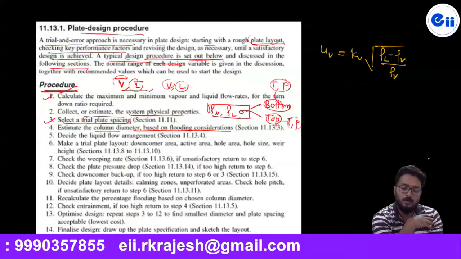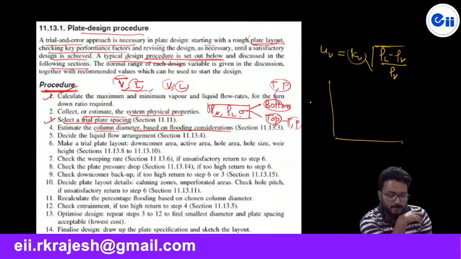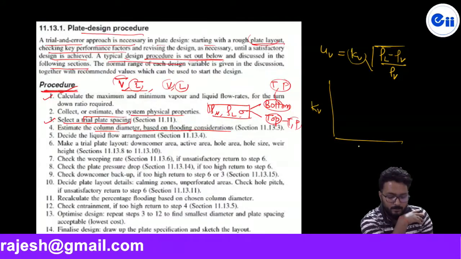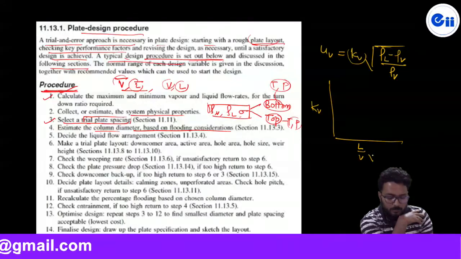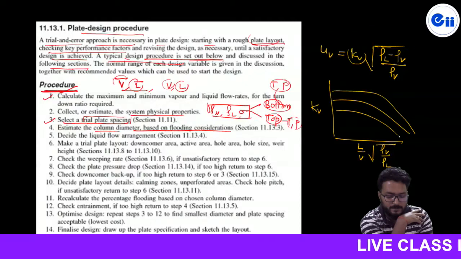Clear? And the value of K_V we can calculate. Listen, this step is very, very important. K_V depends on L upon V times the square root of rho_V upon rho_L, and this is the parameter here. These types of curves we have seen.